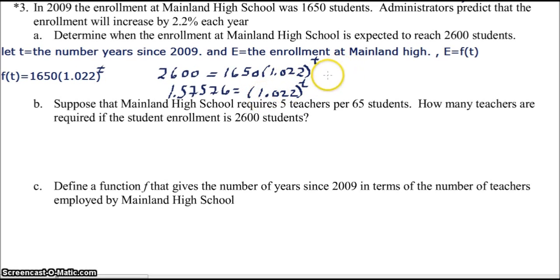At this point, we could convert this to logarithmic form and then use our calculator. We use the change of base formula, or we could take the natural log of both sides. The natural log of, instead of writing that big number, I'm just going to write 2,600 divided by 1650, equals natural log of 1.022 to the t. Then we can bring that t down front.